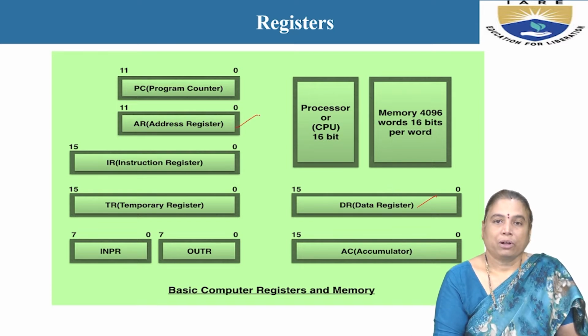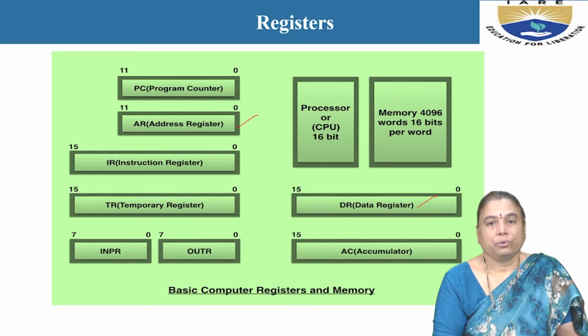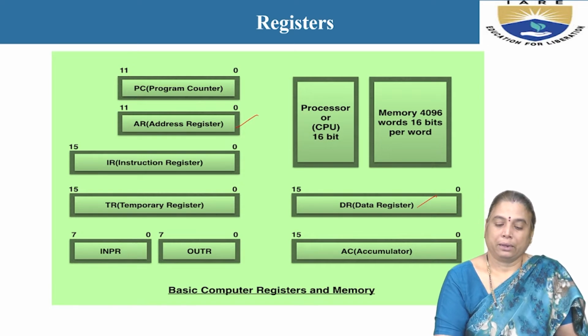To perform memory operations, these two registers work together: the address register is used to point to the location in the memory, and the data register is used to contain the data that is fetched or written to the memory.